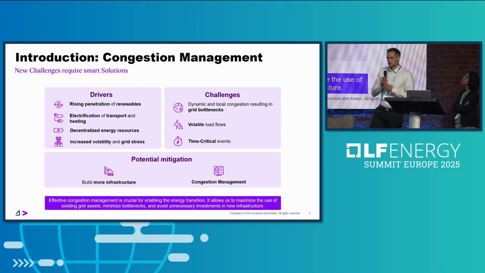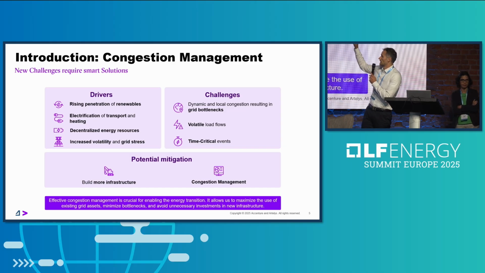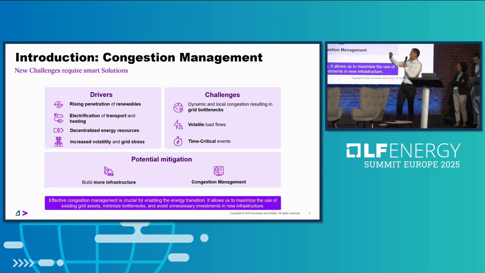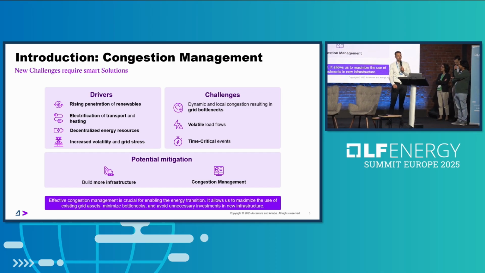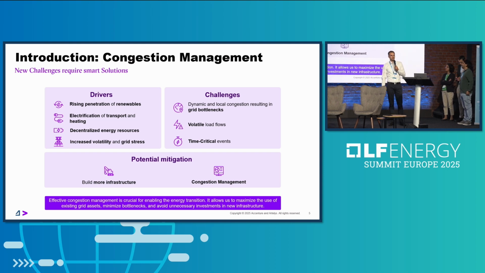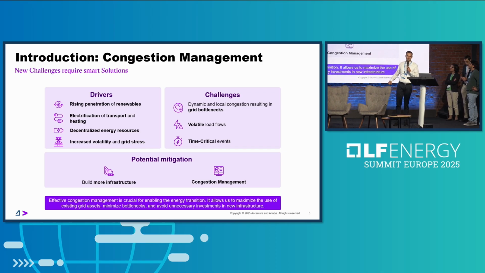If we take a look at the electrical grid today, we see that there are more and more renewables in the grid. We see that there is more electrification of transport and heating. We see that there are more and more decentralized energy resources. And all these things pose challenges to grid operators.